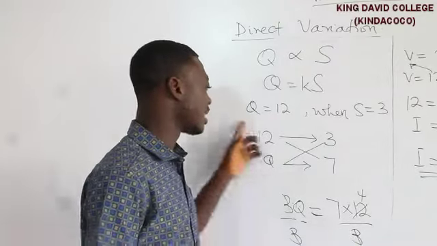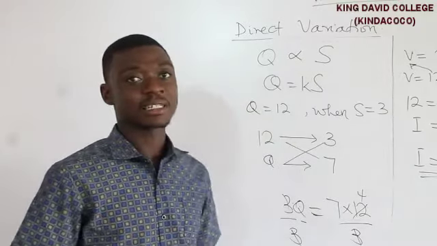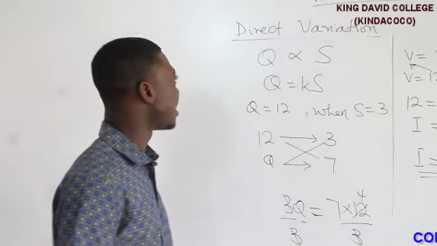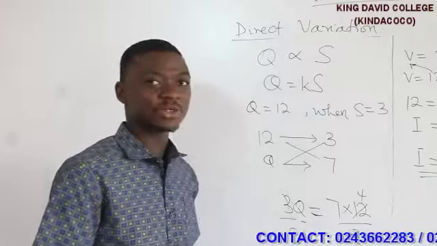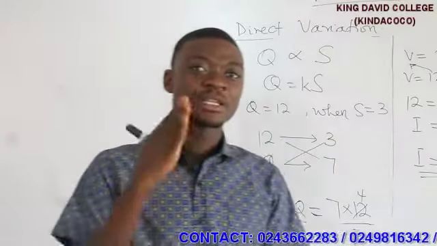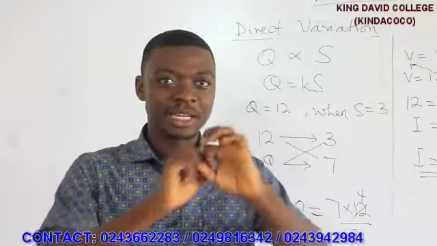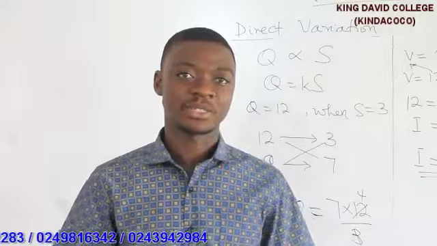If not, then you can decide to just use direct proportion. You will still get the same answer. So that is it about direct variation. In a direct variation question, you always hear them say something varies directly with another thing. So when that word directly is not there, then it's not direct variation.